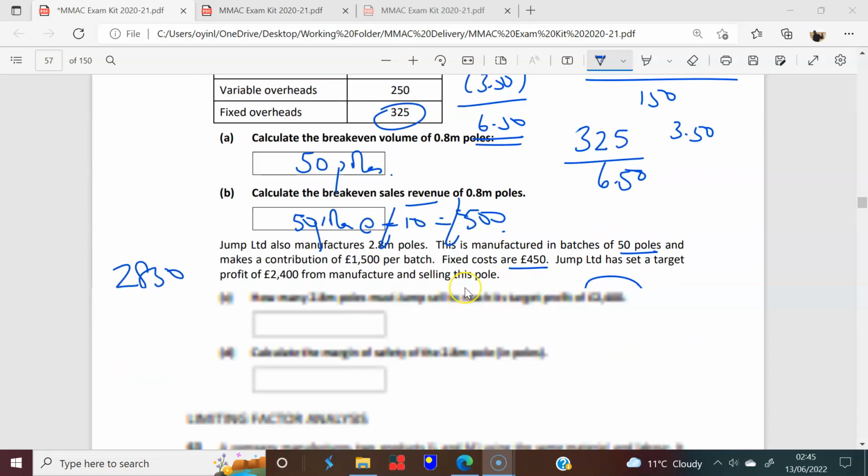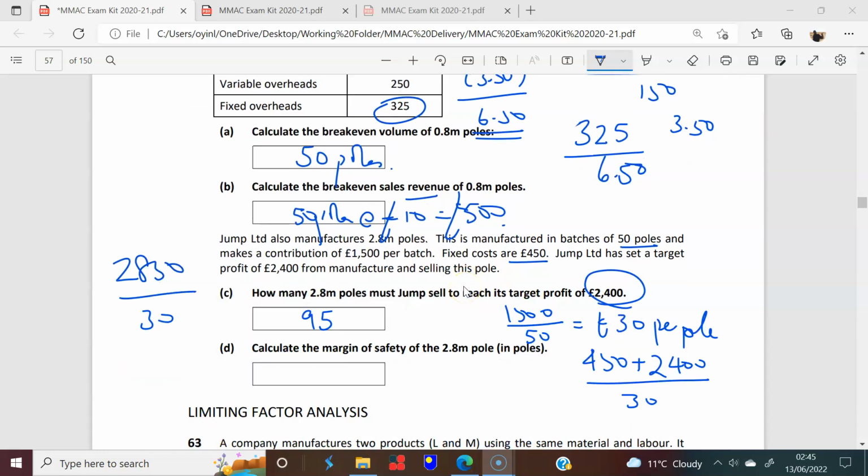The only target I can find is related to this, because right now we're trying to hit a target profit of 2,400. Oh, sorry, here we are. It says we've set a target of profit, right? So this is a target profit, which means let's find the break even first.